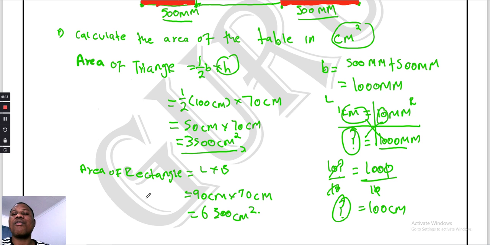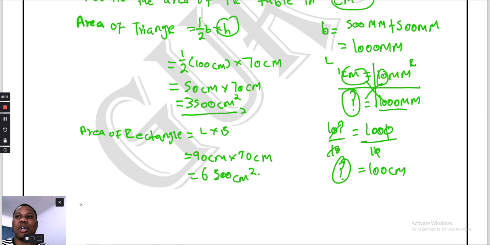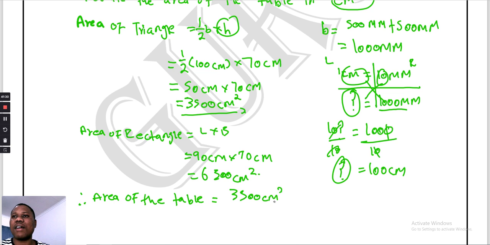Okay, so now for us to have the area of the table, we'll therefore say area of the table is equal to 3,500, which is the area of the triangles, plus the area of the rectangle, which is 6,300 centimeters squared, and our answer is going to be 9,800 centimeters squared.